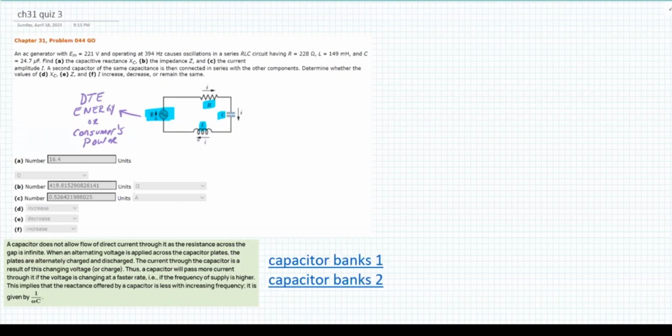So let me do the read through on the problem. We have an AC generator producing a peak value. To use the vocabulary, E sub M is the EMF amplitude, script E subscript M, equals 221 volts, peak value.